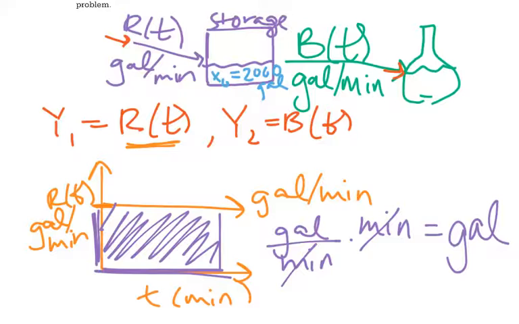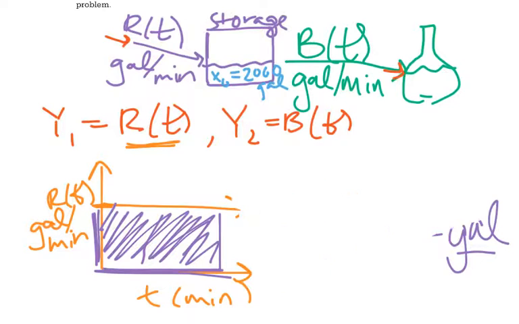So we go from a rate to just a quantity by multiplying by time, or by finding the area under the curve here. So if we're finding an area under the curve, that means that we are going to need an integral. So let's clear a little space here.